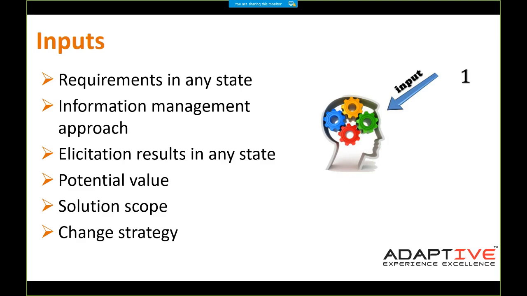It could. So one of the important things to keep in mind is business analysis is a very fluid discipline. So when you say requirements in any state, you have to have raw requirements to do any kind of modeling or specification in the beginning. And so, all I can tell you is what I have found most successful.